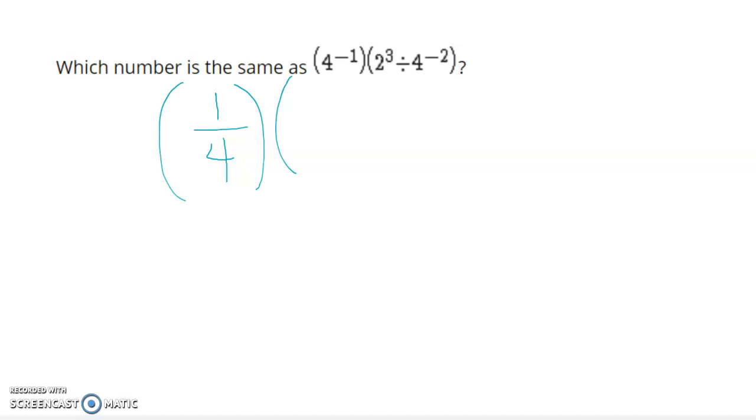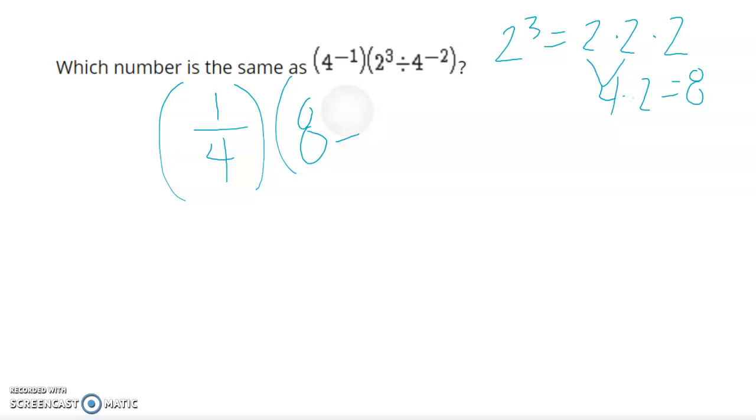Then we're multiplying that times 2 cubed. So 2 cubed is the same as 2 times 2 times 2. 2 times 2 is 4, and 4 times 2 is 8. So 2 cubed is 8, divided by 4 to the negative second power.